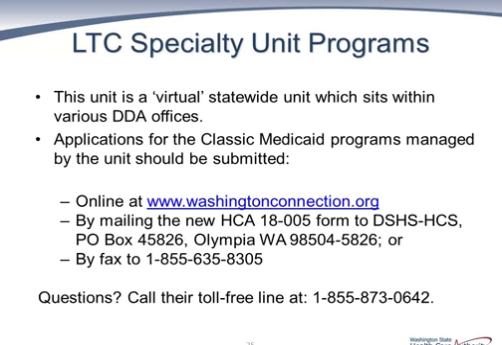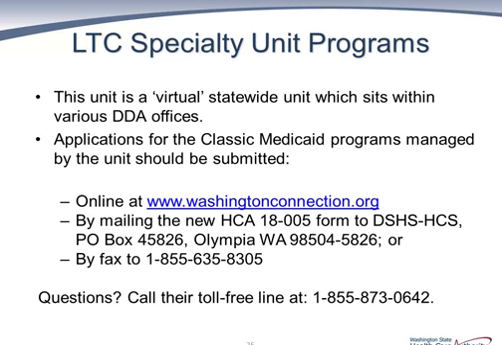Okay. So our specialty unit is a virtual statewide unit. It sits within various DDA offices, and I think in one region it actually sits in a DCS office, a child support office. But they don't have a storefront, so they don't have a community services office that you can go in and drop applications off.